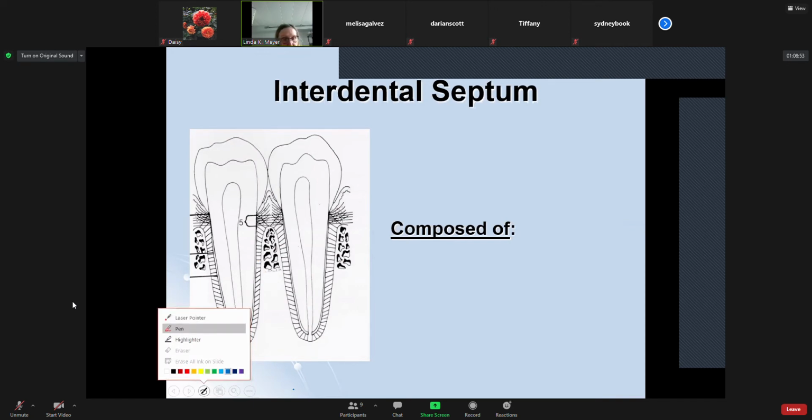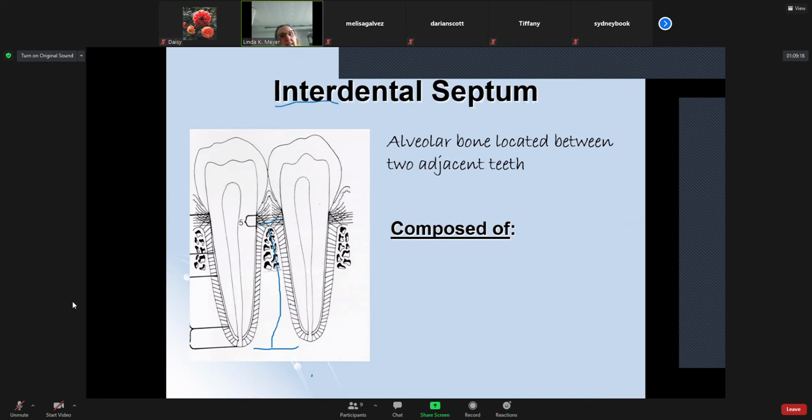Just recall the interdental septum is located in between the teeth. Inter means between, and dental refers to teeth, so it's the alveolar bone that's located in between the teeth. So if I go from the crest all the way down just past the apex, all of this is the interdental septum. So the definition is alveolar bone located between two adjacent teeth.